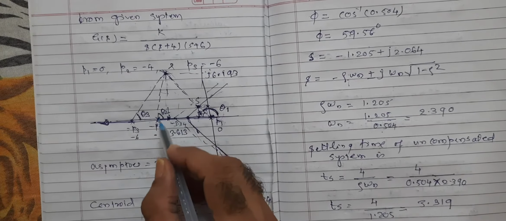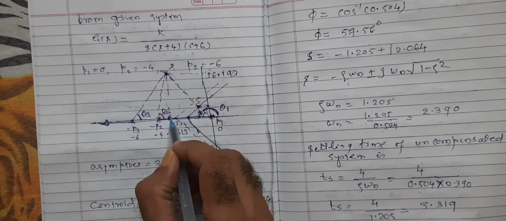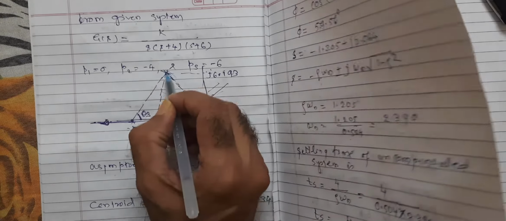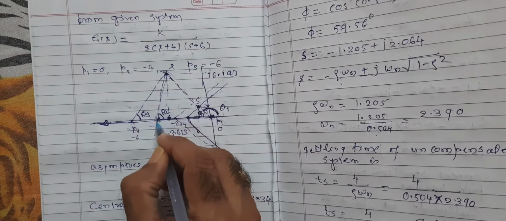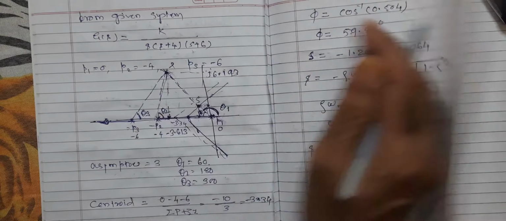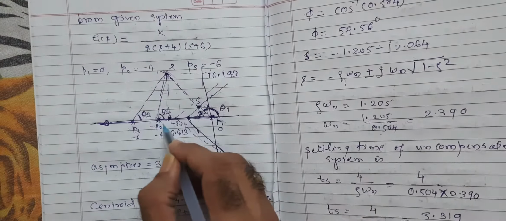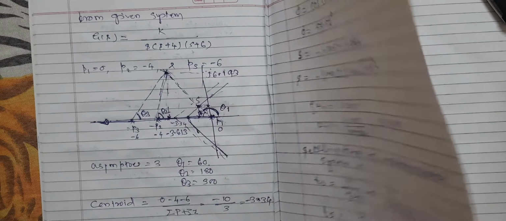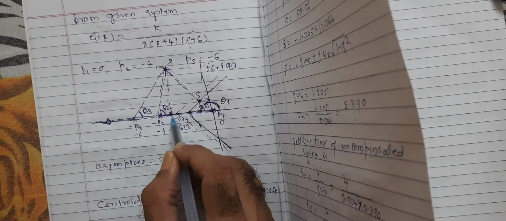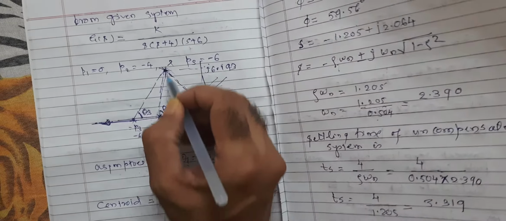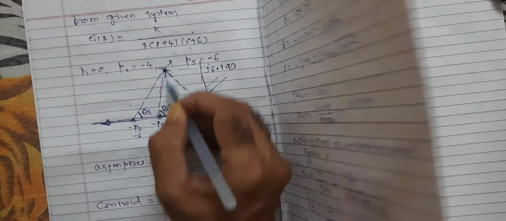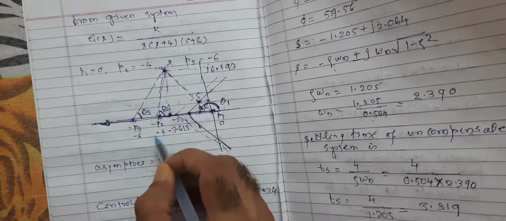Now see here, this point and this point form a right angle triangle. Again it forms a right angle triangle. Now P2 to this location, and from here to here, forms one right angle triangle.